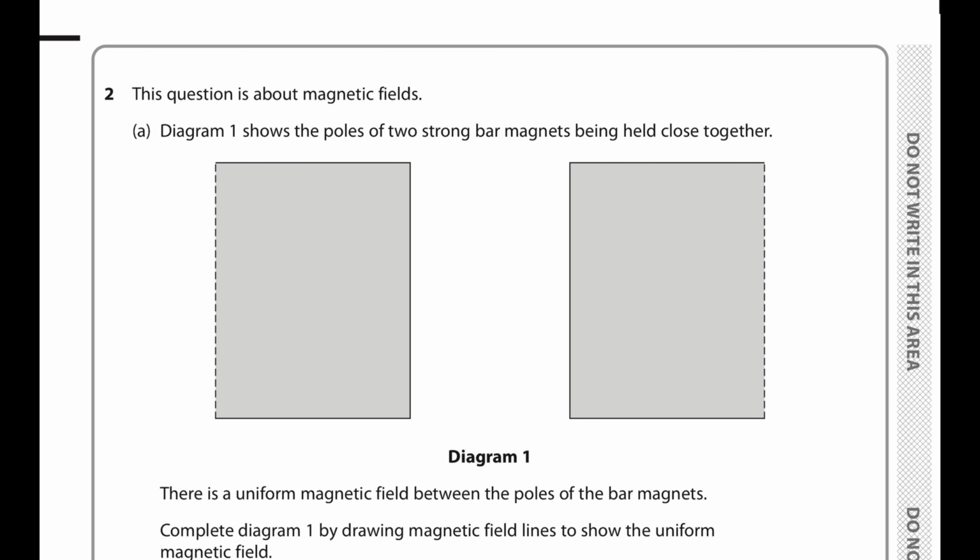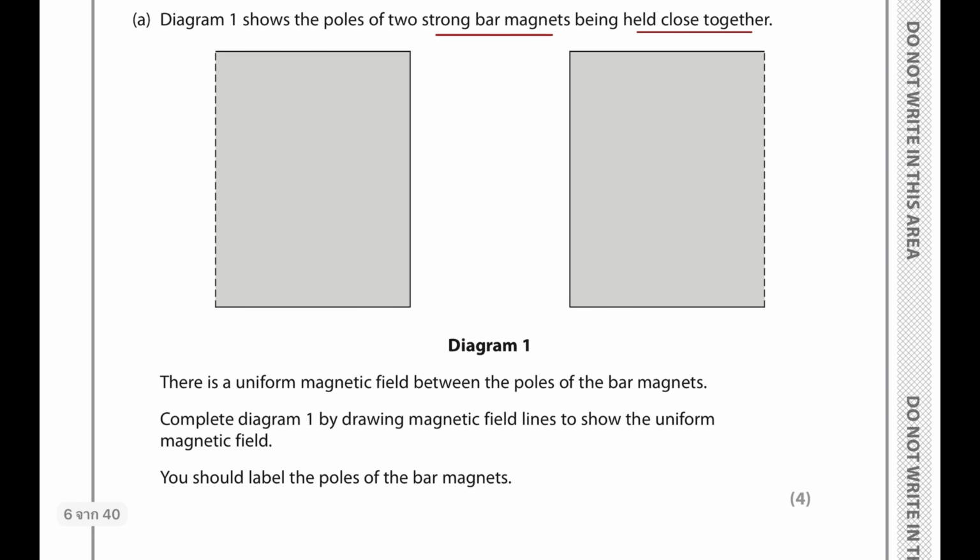Question 2. This question is about magnetic fields. Diagram 1 shows the poles of the two strong bar magnets being held close together. There is a uniform magnetic field between the poles of the bar magnet. Complete diagram 1 by drawing magnetic field lines to show the uniform magnetic field.